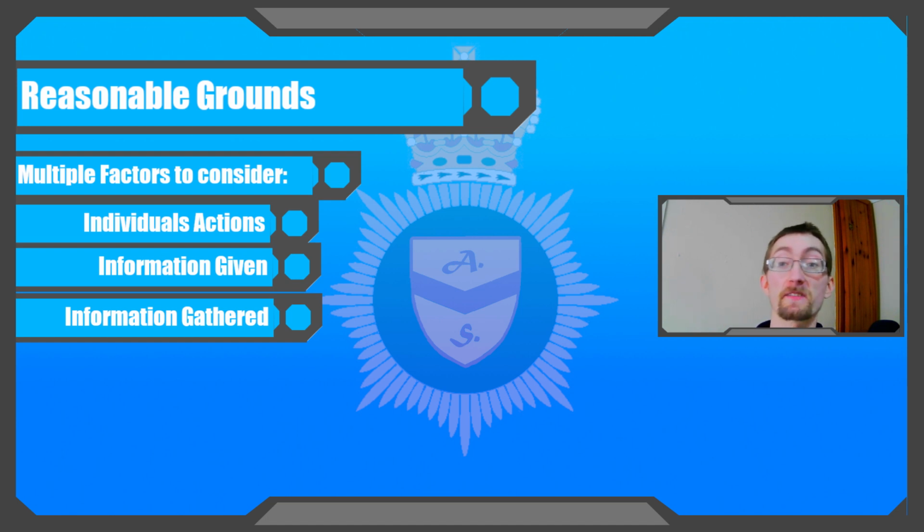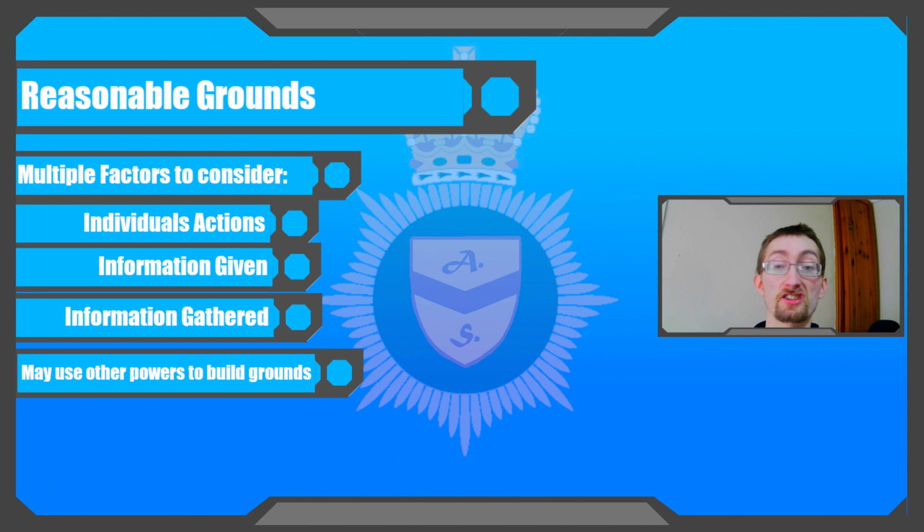The culmination of these factors can be used to build reasonable grounds, and officers may also use additional powers, such as stop and inquire and stop and search, before they feel they've got enough reasonable grounds to arrest someone.